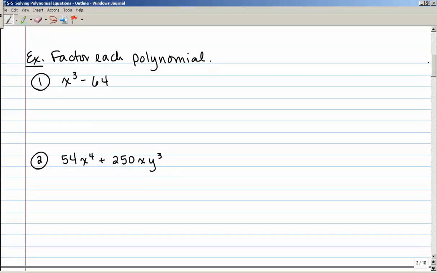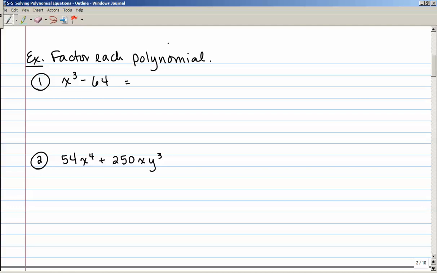So let's try each one of these. Factor each polynomial, and what I'm recognizing is that x cubed minus 64 is actually a difference of two cubes, because 64 is equal to 4 to the third power.